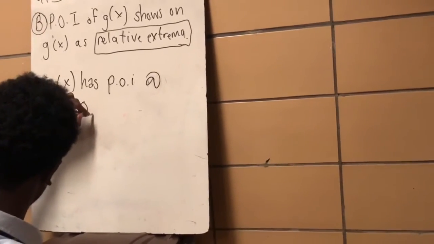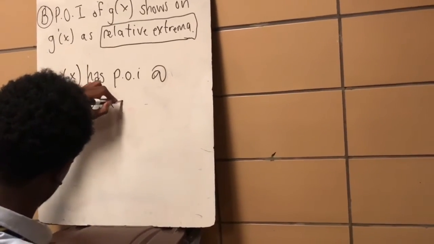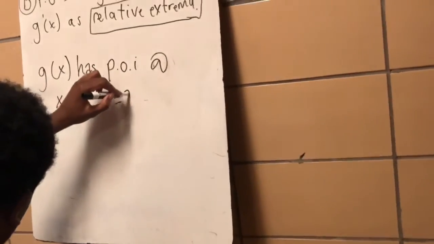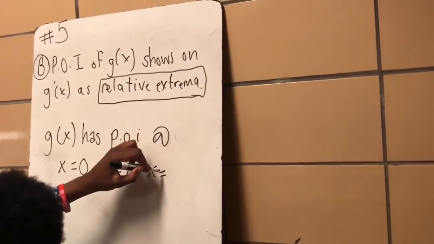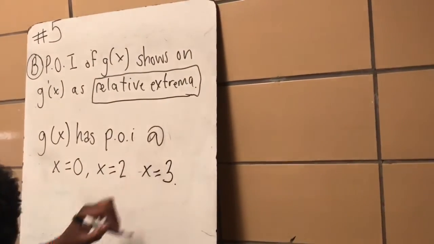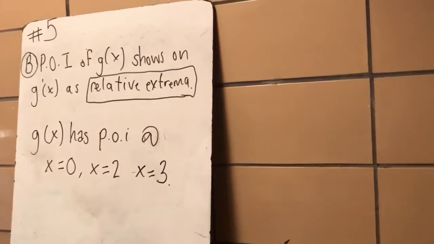When we look at the graph, we notice that g of x has points of inflection at x equals 0, x equals 2, and x equals 3. Remember, g of x doesn't need to be differentiable. It just needs to have a relative extrema.